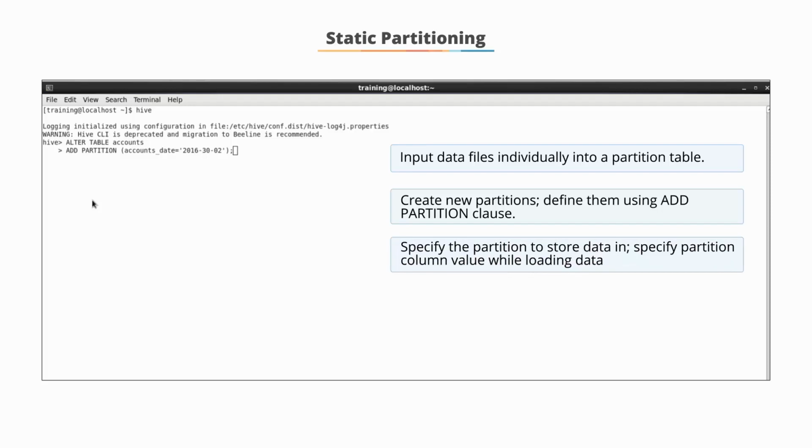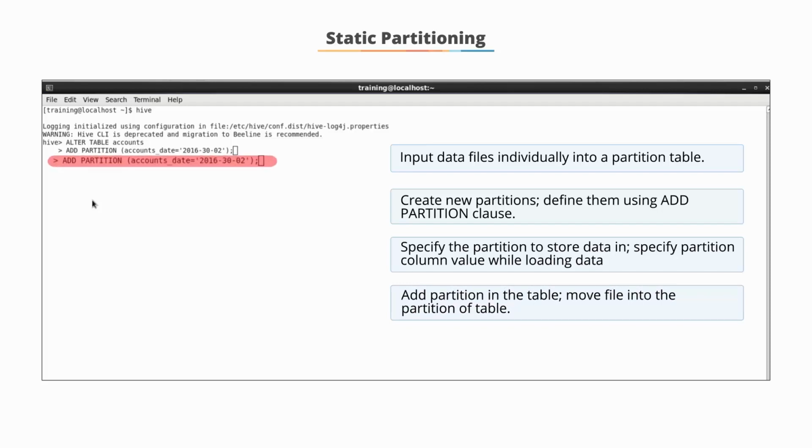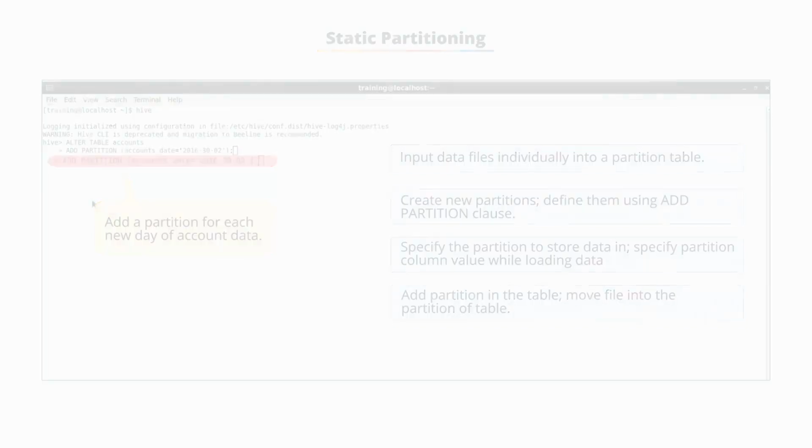This means that with each load, you need to specify the partition column's value. You can add a partition in the table and move the data file into the partition of the table. As you can see in this example, you can add a partition for each new day of account data. So for a year's worth of data, you would end up with 365 different partitions, all manually created.